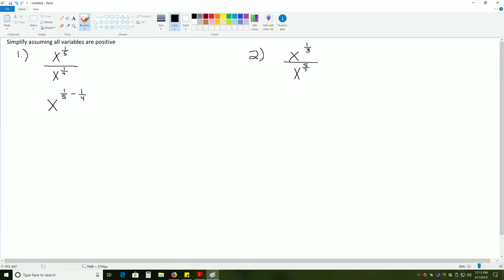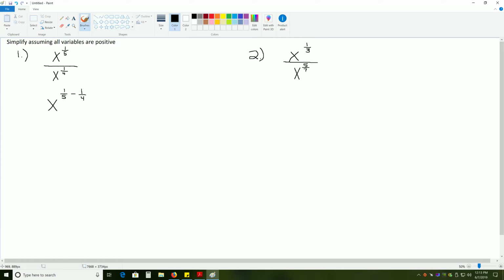When we do that, we're subtracting fractions with different denominators, which means we need to find a least common denominator. The least common denominator in this case is the smallest number that 5 and 4 both divide into evenly, which is 20.